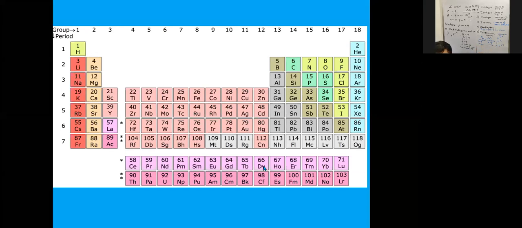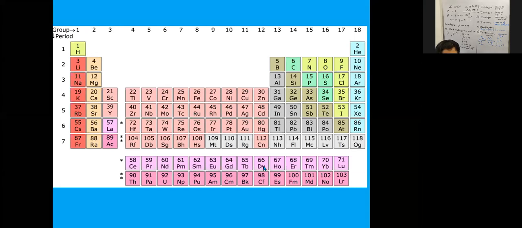Wait, sodium. How many electrons does sodium have? 11. Now sodium loses 1 electron to form a cation. So can I say sodium plus will have 10 electrons? Magnesium has 12 electrons. Mg2 plus will have how many electrons? 10. Are you understanding what I'm trying to say over here?